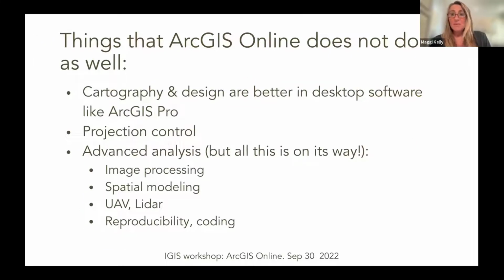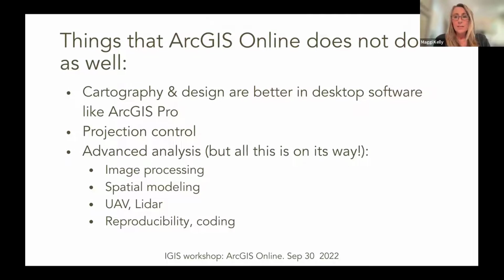ArcGIS Online doesn't do everything perfectly. Some really refined cartography and design might be better in desktop software packages like ArcGIS Pro or Adobe Suite. I prefer to do all my publication quality maps on desktop, not on ArcGIS Online, but there probably are schools of thought there.